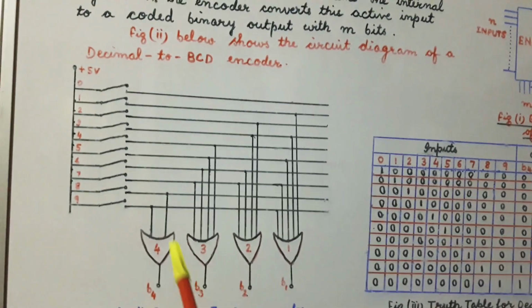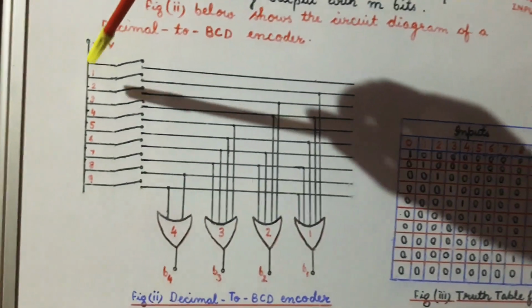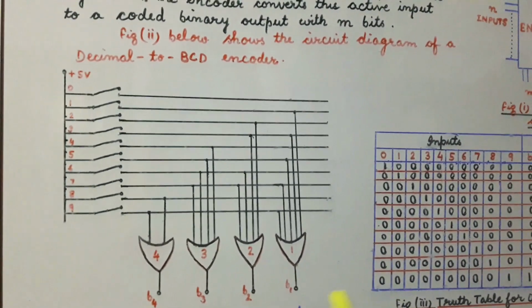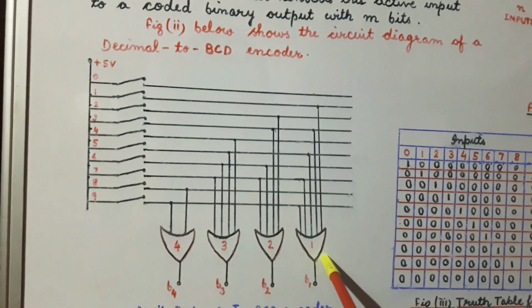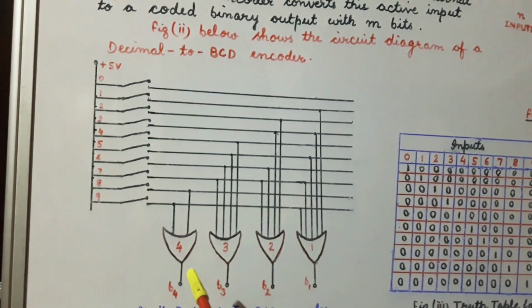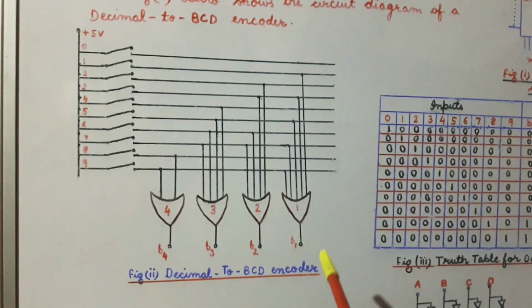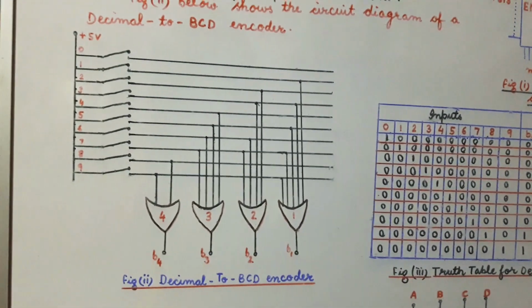Now if we press the switch 1, then only the OR gate 1 is active, and therefore the output B4, B3, B2, B1 is 0, 0, 0, 1, which is the BCD equivalent of the decimal 1.